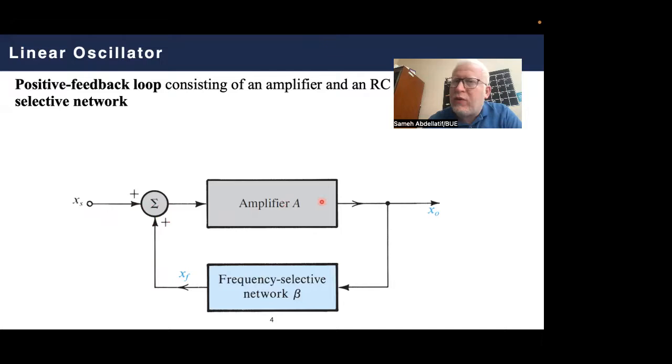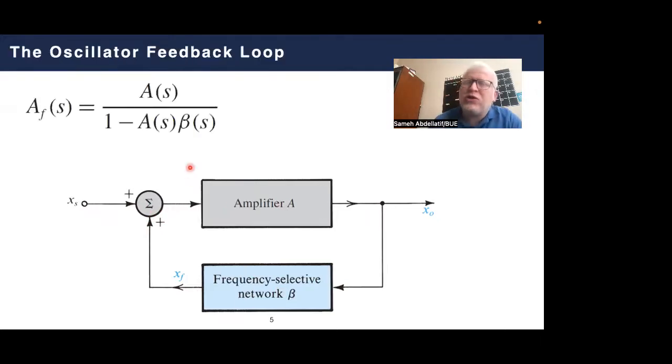It's just a closed loop, getting the output of the frequency selection network to be positively fed to the positive terminal of the amplifier and so on. So the transfer function of this system will be in the form of A over 1 minus A beta.